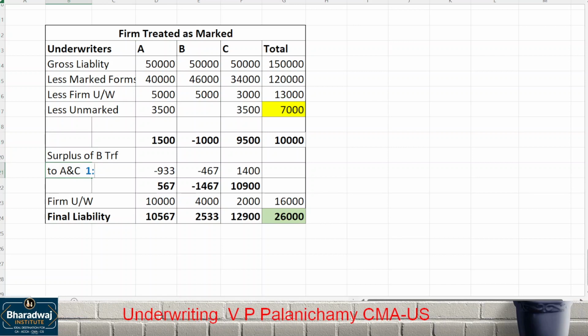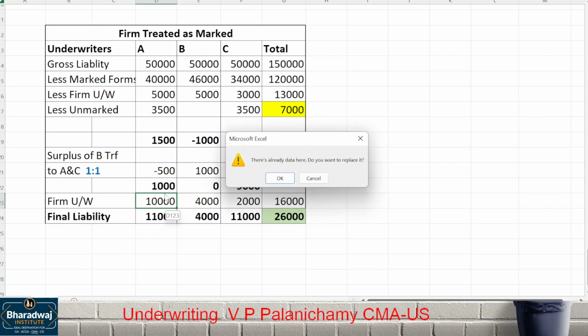Equal ratio. Add firm underwriting at the end.